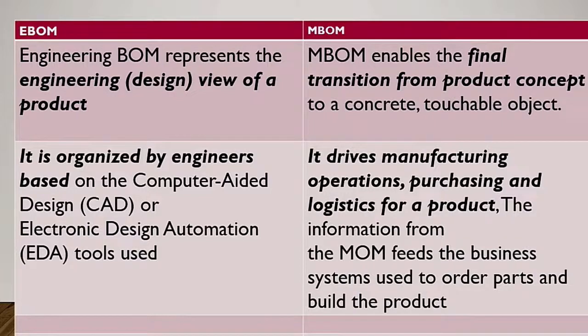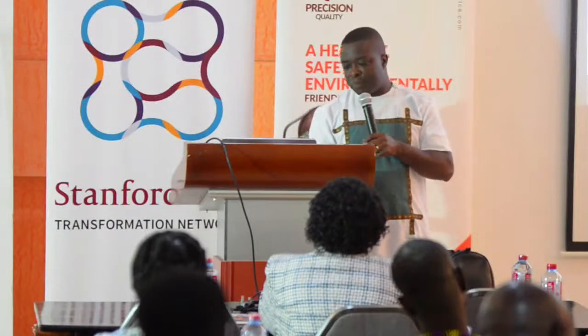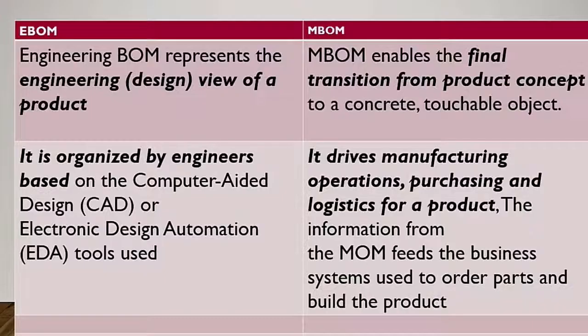The other comparison is that the EBOM is organized by engineers based on computer-aided design and electronic design, which at the end of the day will enable you establish what you should use to produce. For MBOM, it derives from manufacturing operations, purchasing and logistics for a product.